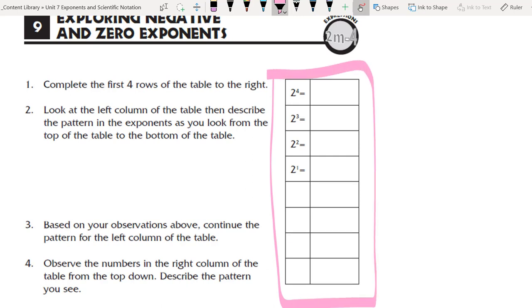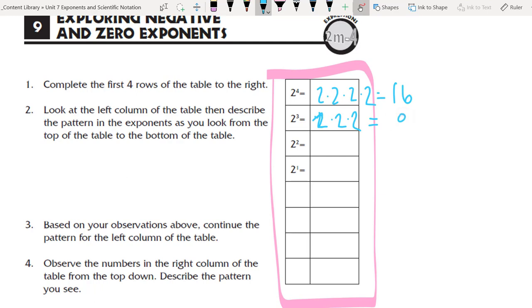So in that first line, we've got 2 to the 4th. If I expand that out, that would be 2 times 2 times 2 times 2. And if I evaluate that, that would be equal to 16. And then 2 to the 3rd would be 2 times 2 times 2.